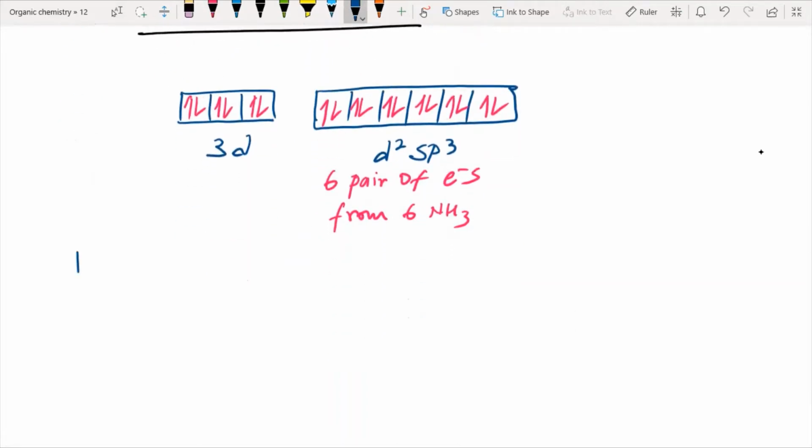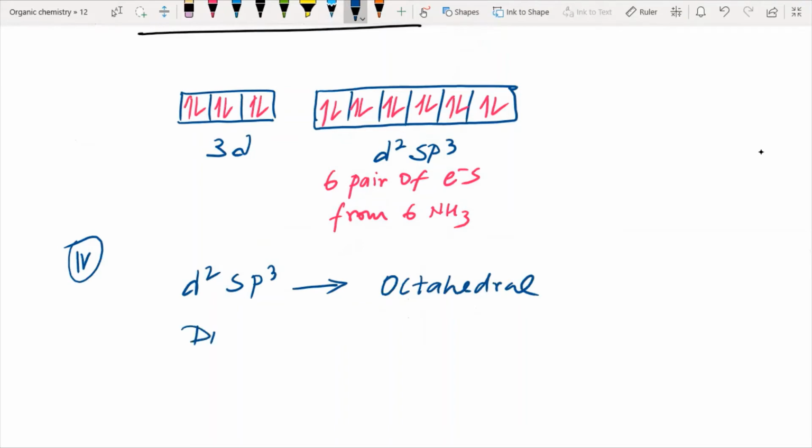Now with the help of this valence bond theory concept, as we got d2sp3 hybridization, the geometry is octahedral, and this complex is diamagnetic as all electrons are paired up.